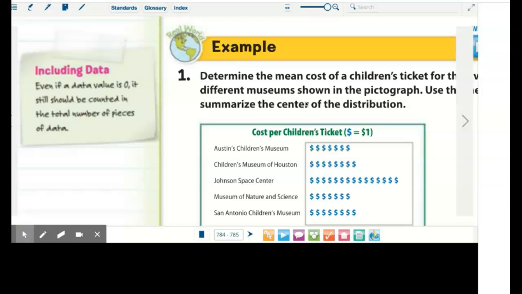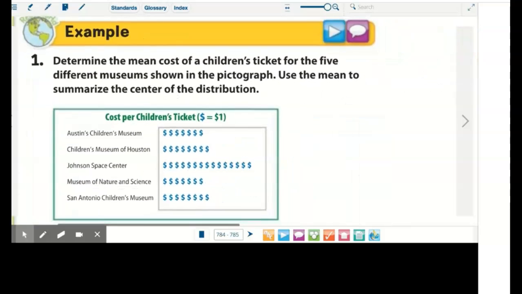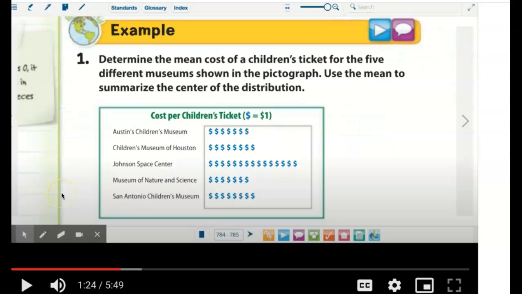So this is why we want to always do something instead of just doing nothing. Okay, before we go on, I want to ask you this question. What is another word that we use to describe what mean is? Go ahead and answer that for me, please. That's correct. The word average is a synonym of the word mean.